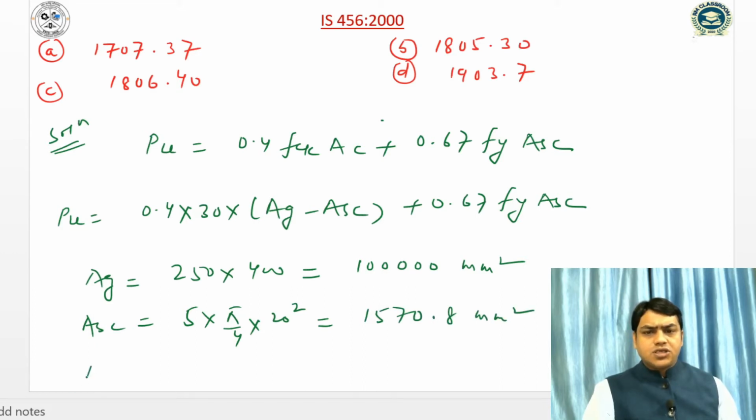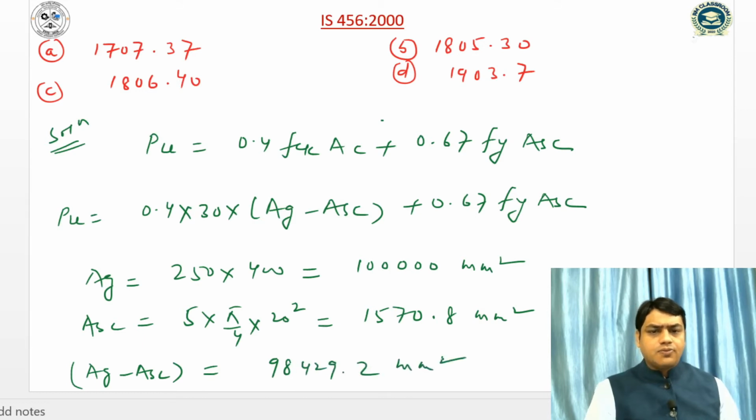So Ag minus Asc can be computed as 100000 minus 1570.8, so it is 98429.2 mm square. Let us assume this is equation first.